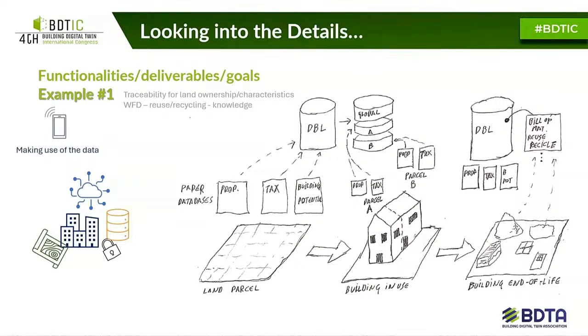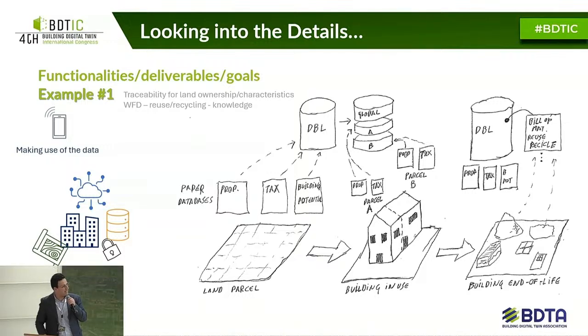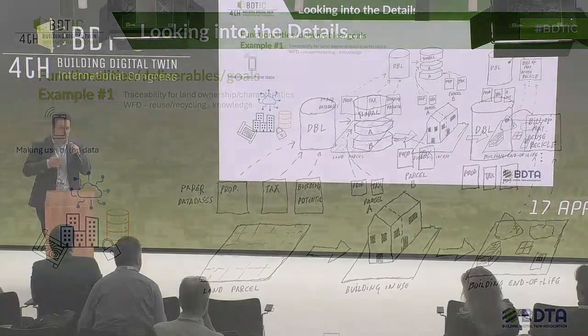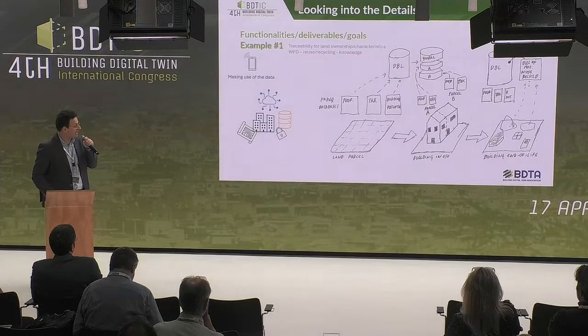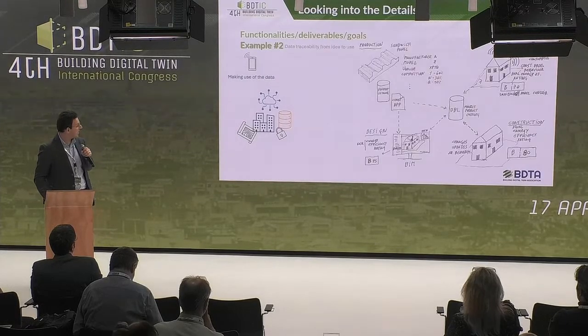So as Sergio from T-Side was talking, we have products, so it is a building that is now seen as a material bank or material source or waste, wherever. We need to have a bill of materials to streamline the reuse and recycling of those products.